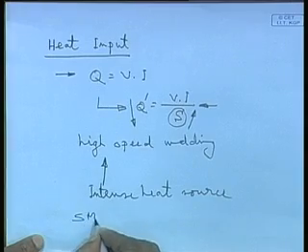The reason is the same: plasma cutting is a much more intense source of heat, so I can move the heat source very fast. As I move the heat source very fast, a lesser amount of heat is conducted into the plate, and a lesser amount of plate is getting heated up. So, less distortion.